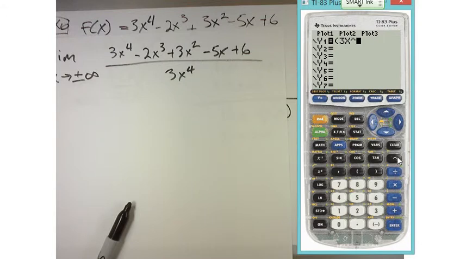Raised to the fourth minus 2x raised to the third plus 3x squared minus 5x plus 6, and then I'm going to close the parentheses, divided by 3x to the fourth. And I just graph it.